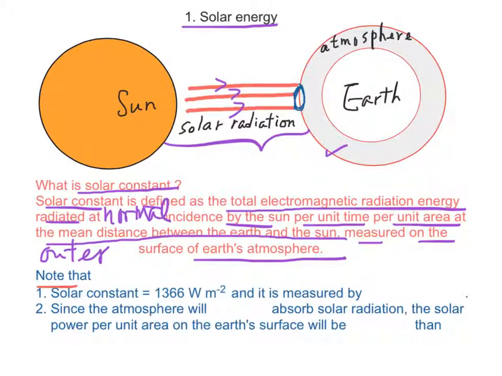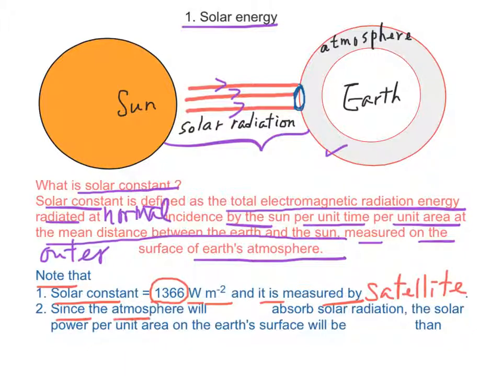Note that solar constant equal to 1366 watts per meter square, and it is measured by using satellites.